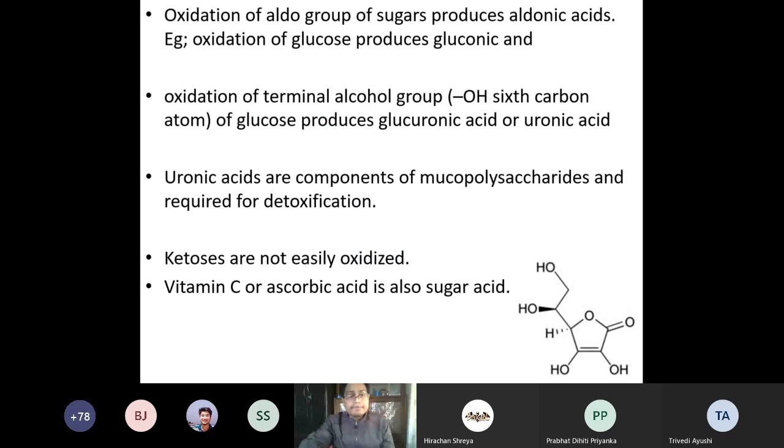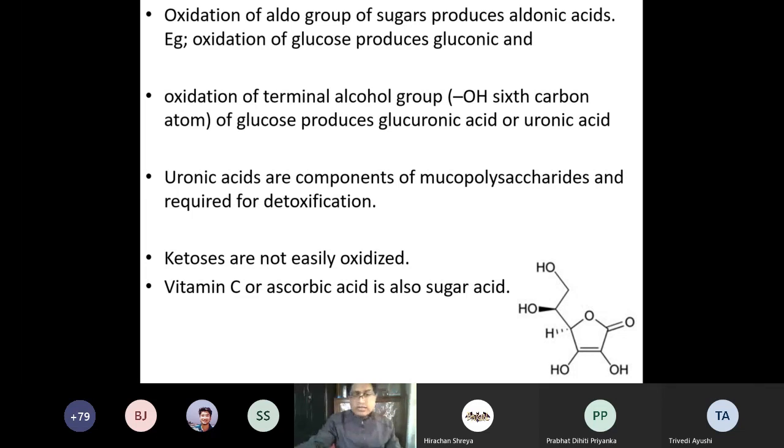Okay. Oxidation of the aldo group of sugar produces aldonic acid. Example, oxidation of glucose produces gluconic acid. That means if the first carbon is oxidized, we call it gluconic acid in the case of glucose. Oxidation of the terminal alcohol group produces glucuronic acid, or the general name is uronic acid.